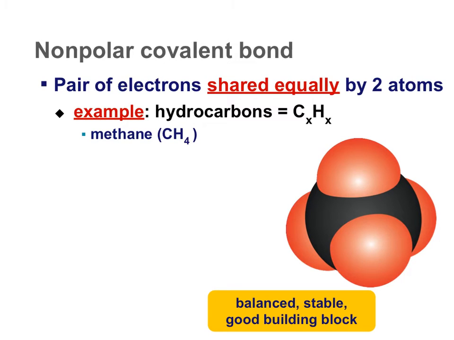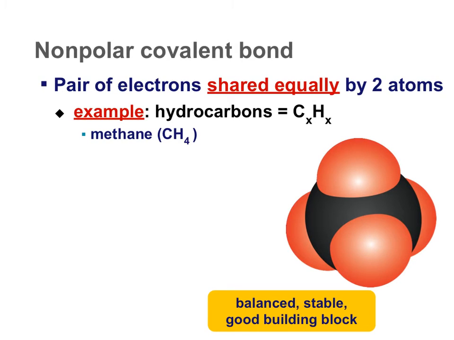So the example here is hydrocarbons. Hydro, they've got hydrogen, and there's carbon. This is the simplest hydrocarbon that there is, called methane. It's CH4. There's a carbon atom that has 4 hydrogens bonded to it. And each of the electrons are shared equally.